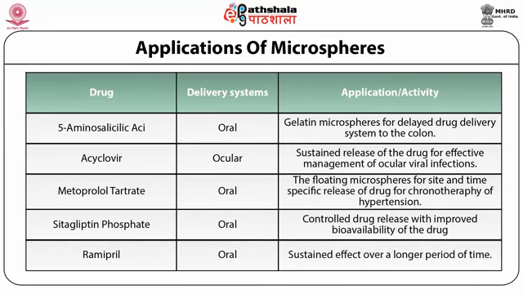Then we have cephalexin, also given by oral route, designed in the form of microspheres with mucoadhesive polymers like guar gum in combination with sodium alginate, which resulted in extended gastric retention and coated the gastric mucosa uniformly. So these are all examples of the application of microspheres in drug delivery systems.